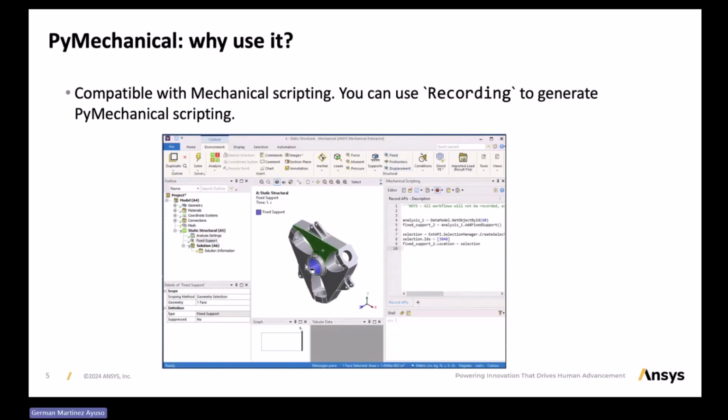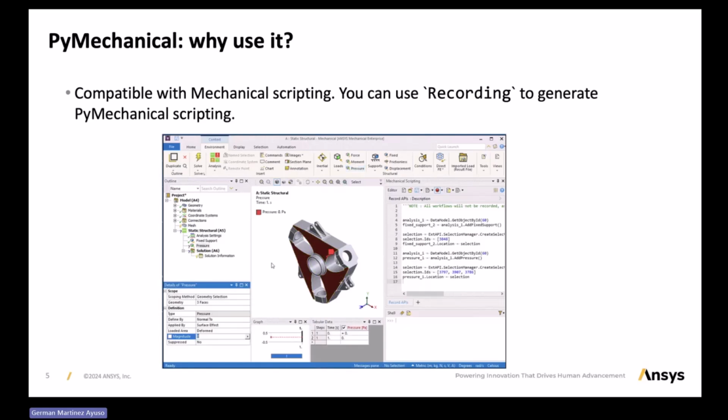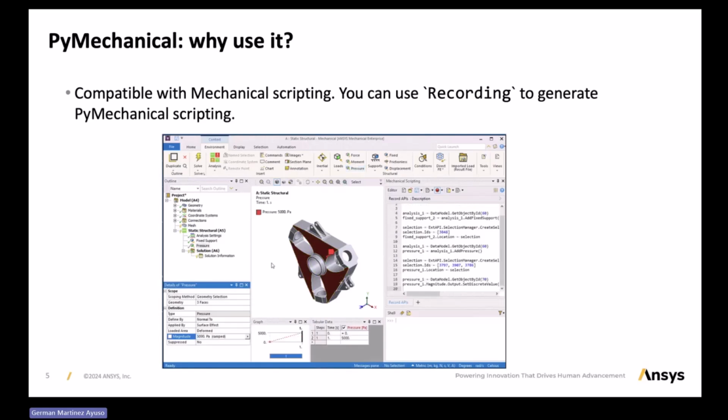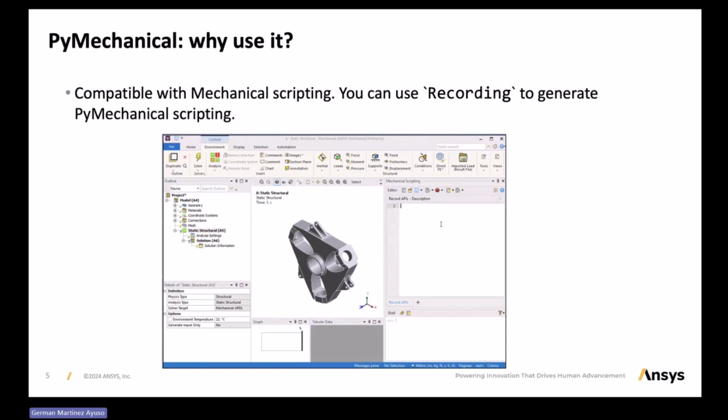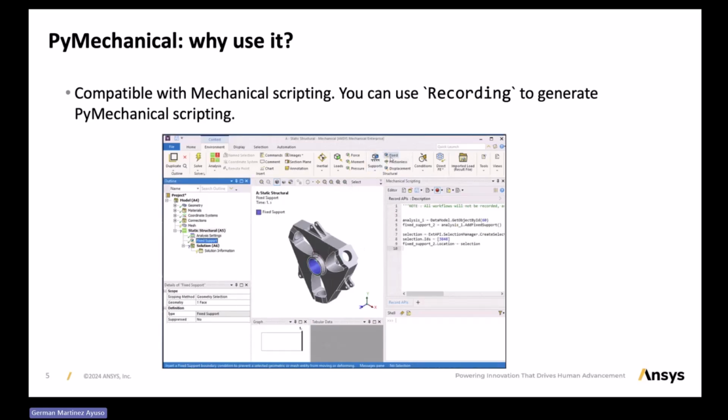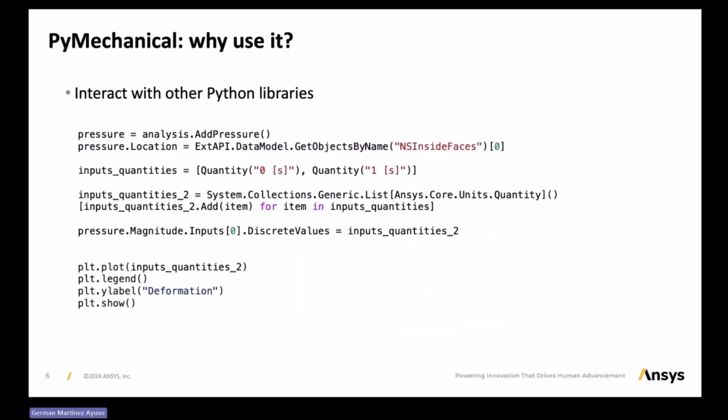So we are talking that you have this access to the same Mechanical features through Python scripting, which is very interesting if you ever want to use it in a remote environment, or if you want to use it in another environment, like maybe a cluster or something like that.